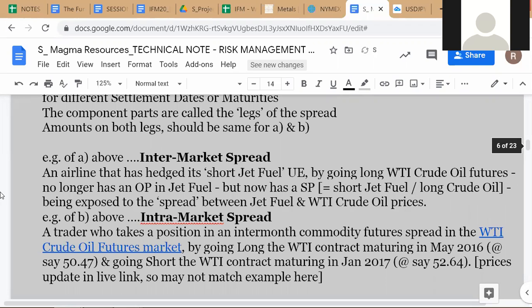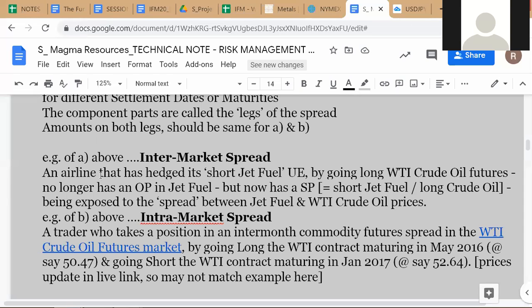Right, so what did they have? They initially had short jet fuel, long USD. They hedged it by selling USD and buying crude oil futures. So now they have short jet fuel, long crude oil. That's their exposure, and that's their net position now. So this has become a spread position.